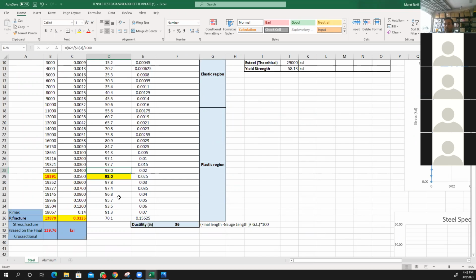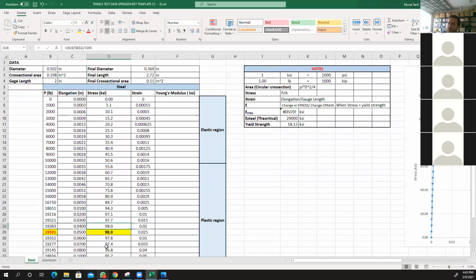Whenever you want us to calculate the cross-sectional area or the final cross-sectional area, the pi formula will give us a slightly different number. Yeah, that's fine.